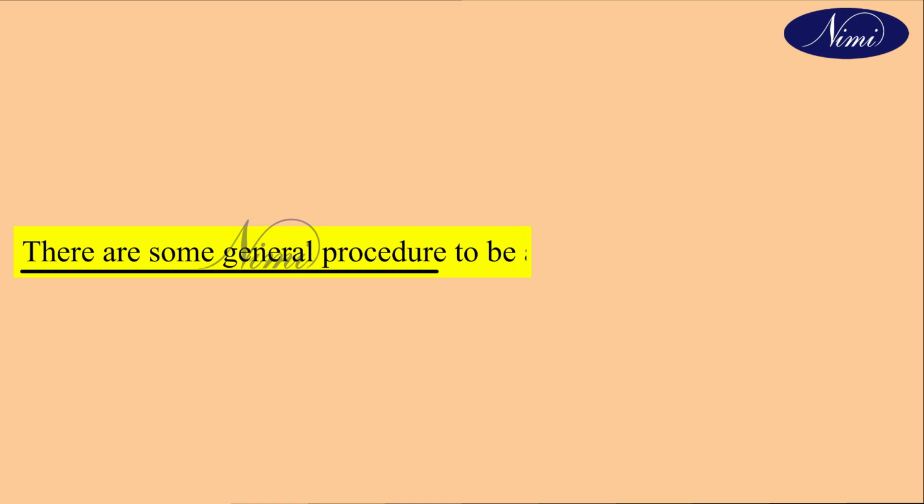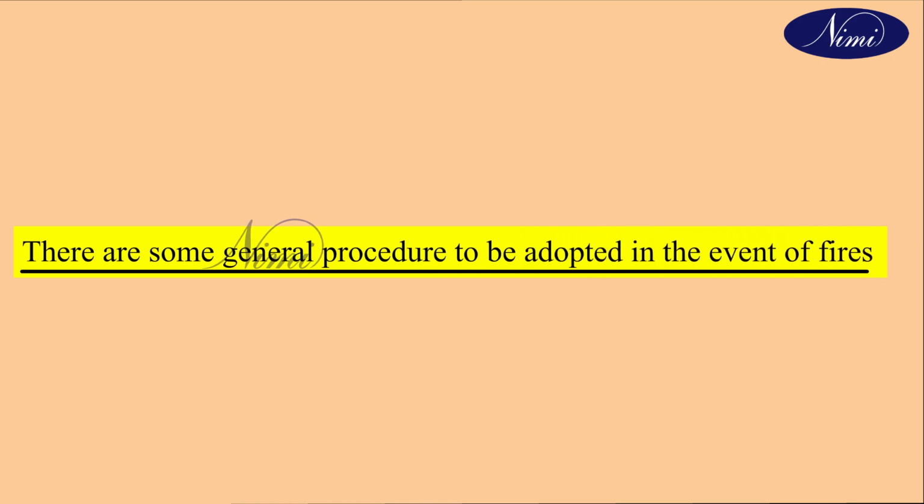So, let us see how to act at once in the event of fire. It is important to understand the basics of how fire occurs and how fire behaves inside a building. There are some general procedures to be adopted in the event of fire.